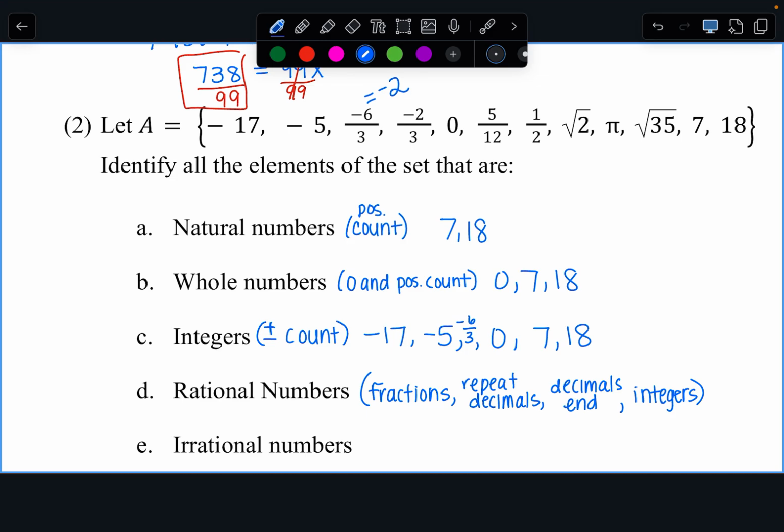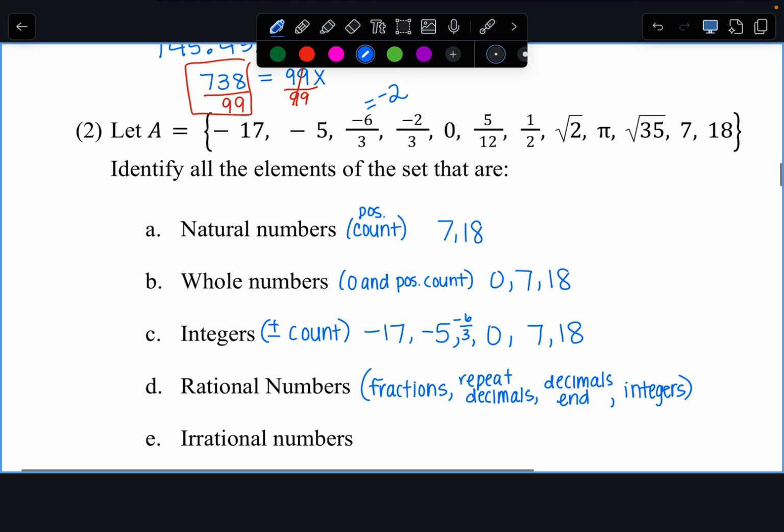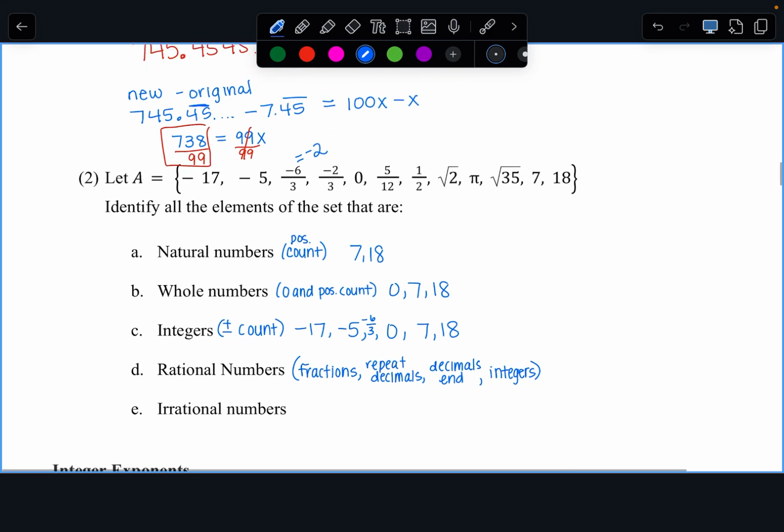So, what numbers would be rational? Negative 17, thumbs up or thumbs down. Okay? Negative 5? Yep. Negative 6 over 3. Yep. Negative 2/3. Oh, yeah.